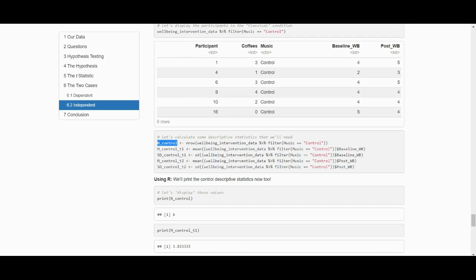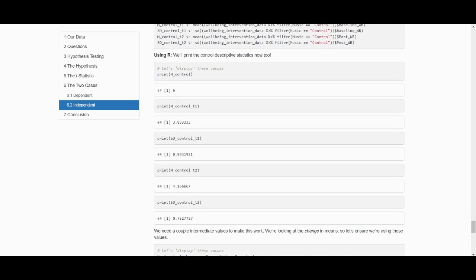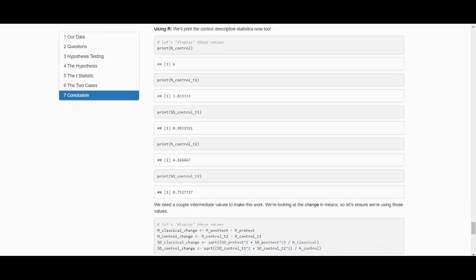We calculate n control, which is the number of rows here, 6. We calculate our M control at the pretest, which is the mean of the baseline column. And then we calculate the standard deviation of the baseline column. Then we do the same for the post well-being measure for mean and standard deviation. And again, we'll print these control descriptive statistics now.